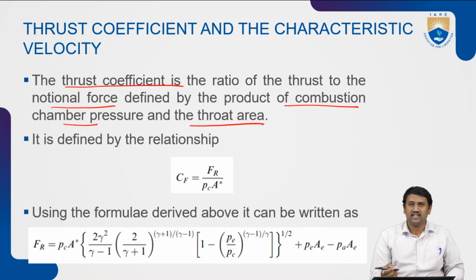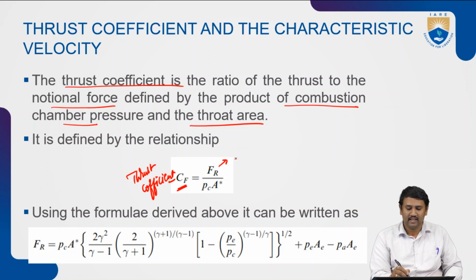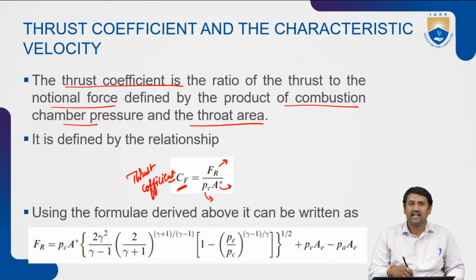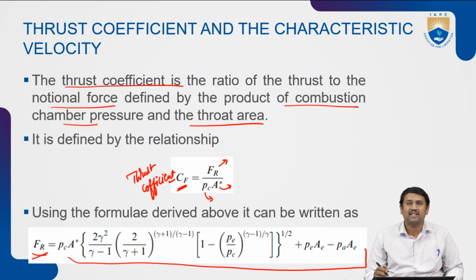It is defined by the relationship that C F, the thrust coefficient, equals the force divided by the notional force, that is, the combustion chamber pressure times the throat area. Using the same formula and rewriting, it gives the force in terms of the thermodynamic thrust equation.